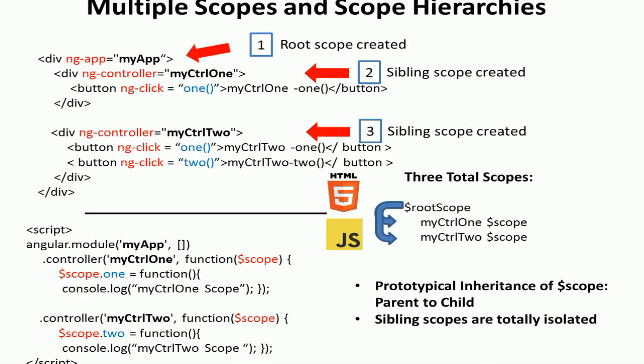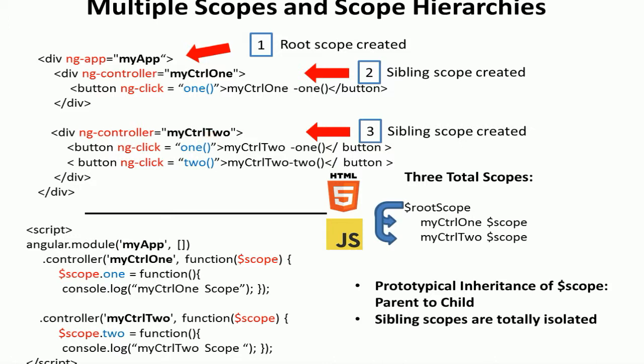The properties and methods of the myCTRL1 scope are tied exclusively to the div element linked to the myCTRL1 controller, and the same applies to the myCTRL2 scope. The properties and methods of the myCTRL2 scope are tied exclusively to the div element linked to the myCTRL2 controller.